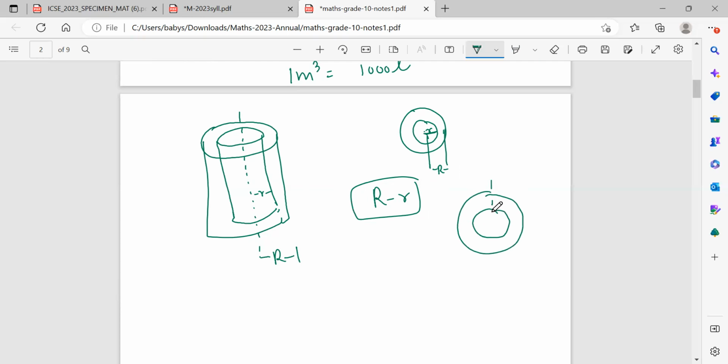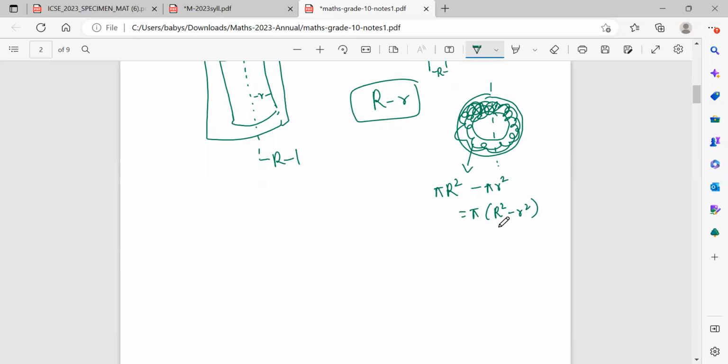So if I consider just the area between the two circles, then the area of the cross section will be pi R square, outer circle, minus inner circle, pi r square. We can keep pi outside: pi times (R square minus r square). And very often, I'm seeing a difference of two squares. You can use that a square minus b square is (a plus b) into (a minus b). You can go with this.